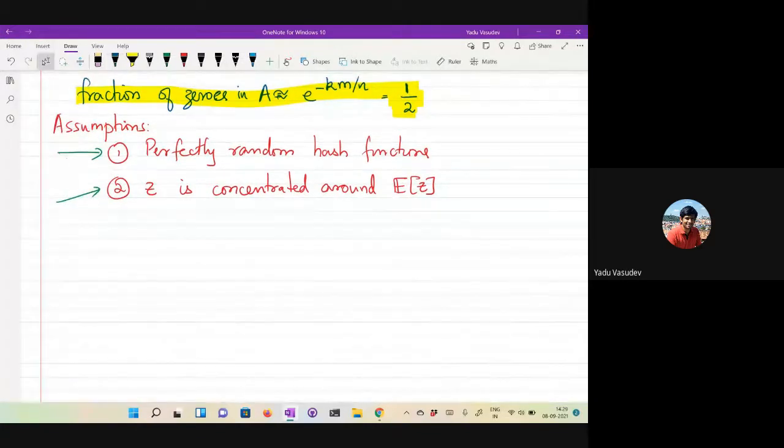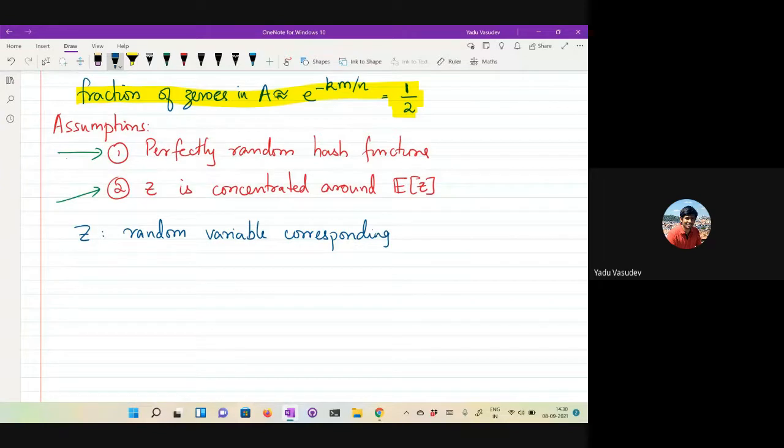What you would do is you will say, so Z is this random variable corresponding to the number of zeros. So one way that I might try to do is as follows.